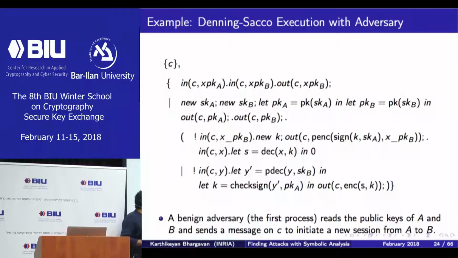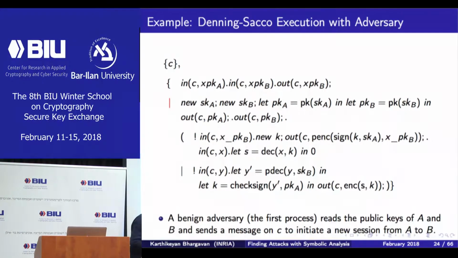If the S was only supposed to be between B and A, then is S secret? And in fact, that's also not secret because there is a similar sort of logical attack that you can apply where you send it to the attacker, then he re-encrypts it for the right guy, and because the signature in this protocol does not cover enough things.